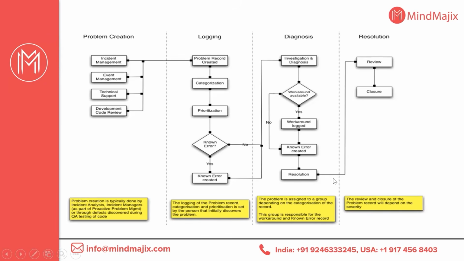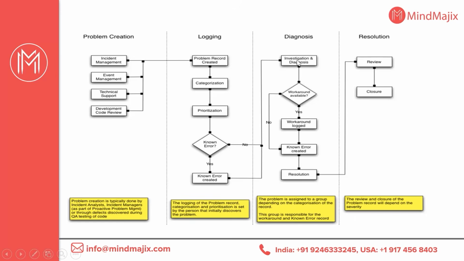Sometimes with a known error nothing can be done about it, and it's just a KB document, a knowledge document, which you just refer to and go with. And even in a known error, you should sometimes have a workaround. So a workaround is very important if you want to have a known error created.